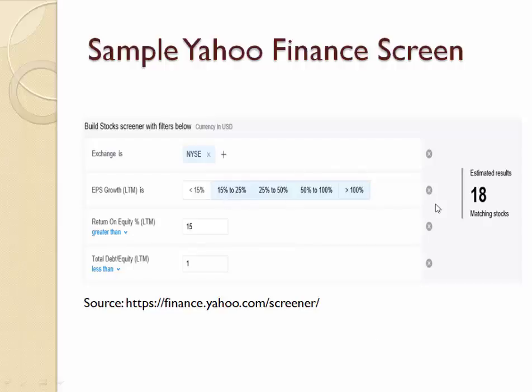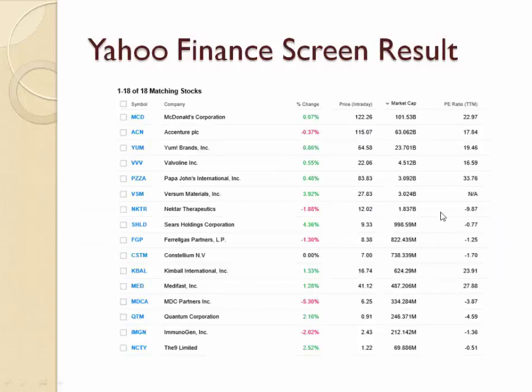This screen resulted in 18 stocks which match the criteria. So these were the 18 companies or stocks which match the above criteria. This is a starting point for the investor to do deep research on the companies for his investment.